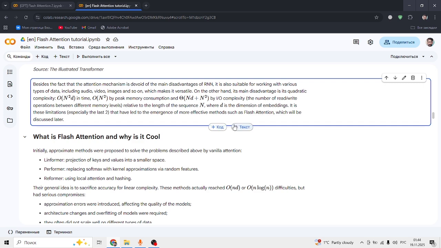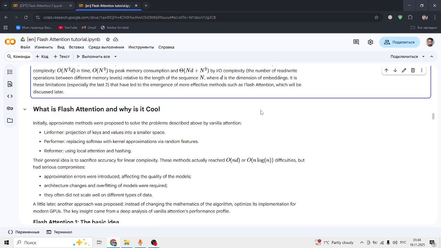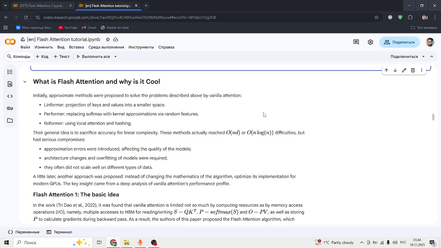And this is the reason why FlashAttention was created. This approach is amazing. But before starting with this, I also want to mention that there are some other approaches, linked, let's say, with approximation. That means that these methods are approximate, and they are called Linformer, Performer, and Reformer.